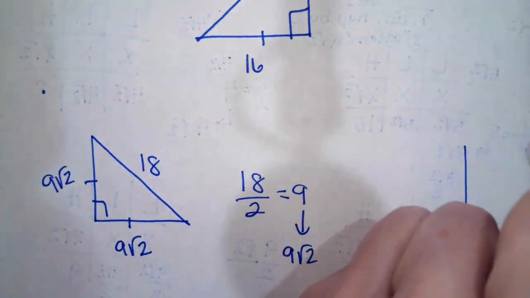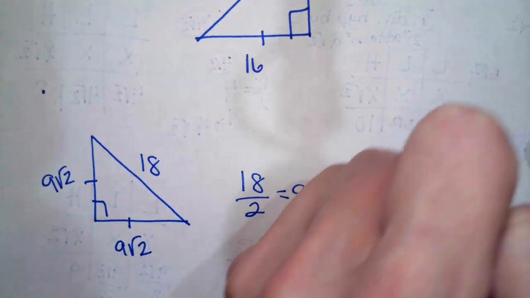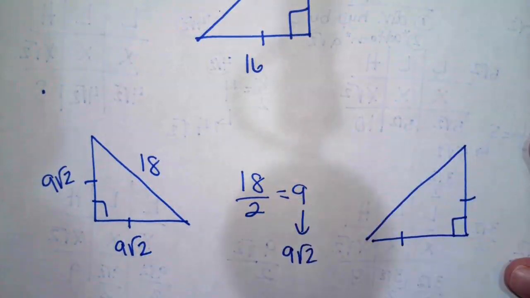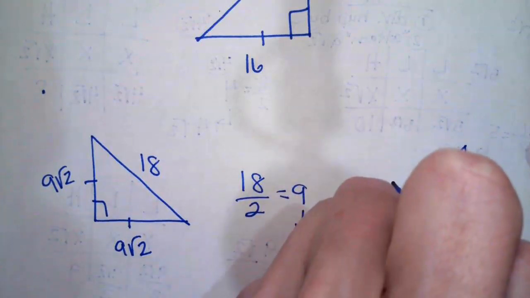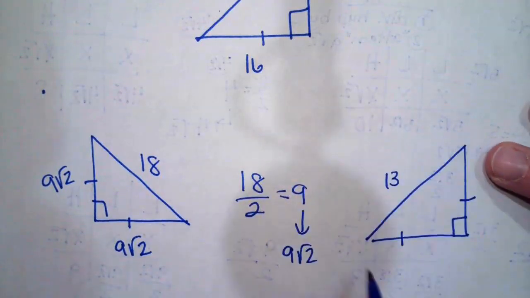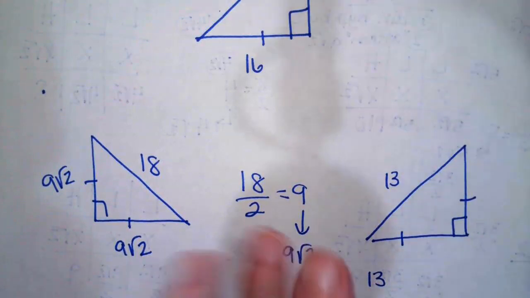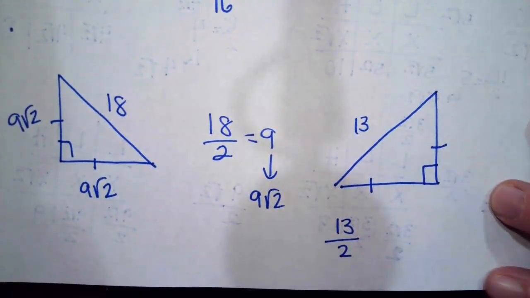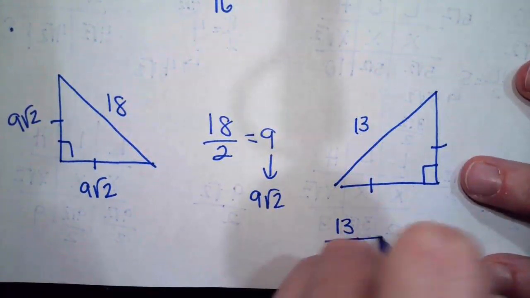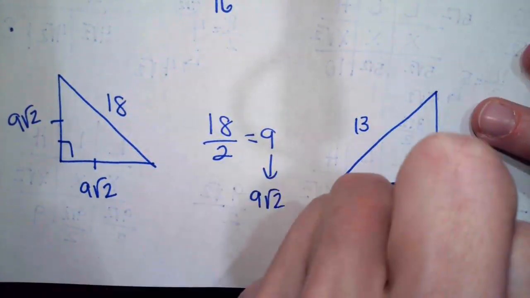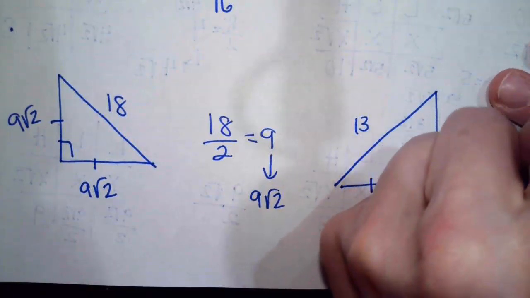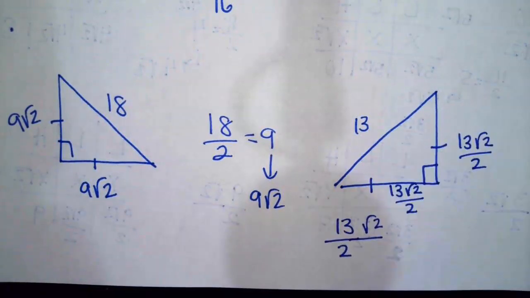Or you have the same thing where there's no radical 2 at the end, and the only thing we could do to make this harder for you guys is just make it an odd number. Say, I don't know, 13. So 13, I'll move this down, divided by 2. Can't get anywhere with that. Just attach a radical 2. And there you go.